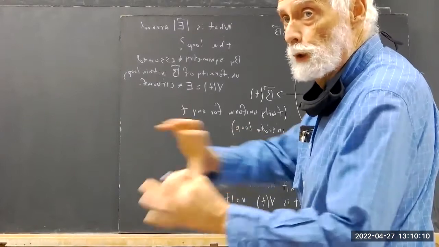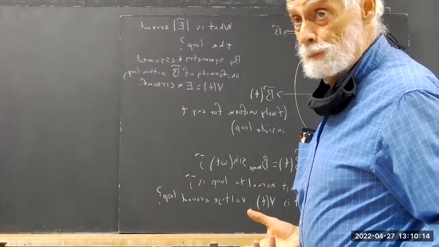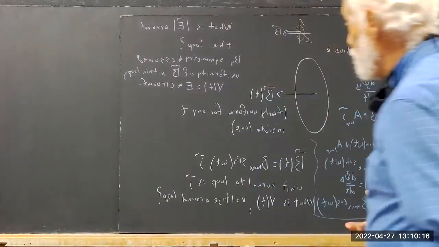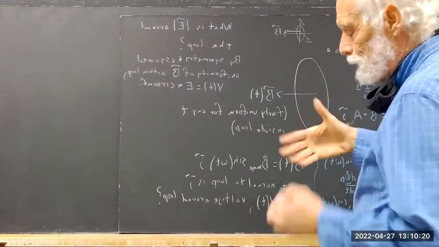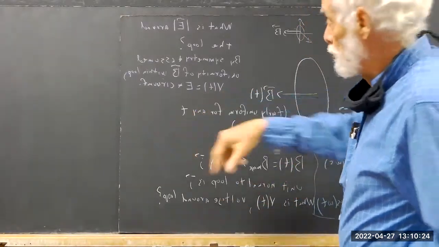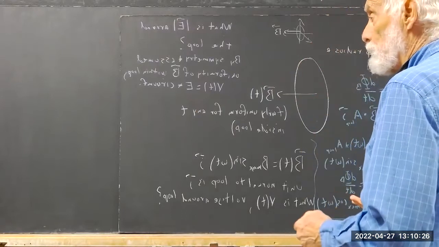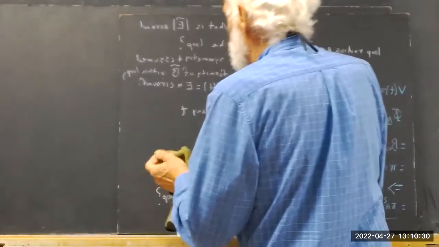You've got to work out directions and all that to be sure. You've got to visualize it. Okay. But the electric field is, well, I'm not going to go through the whole argument. V is your electric field times circumference, which is exactly what you said.